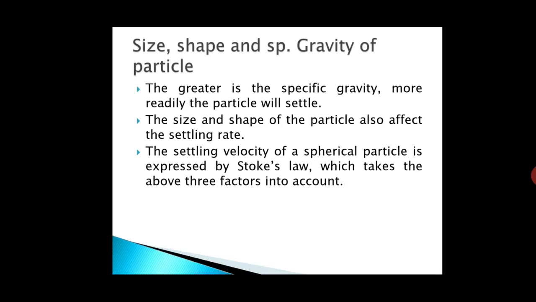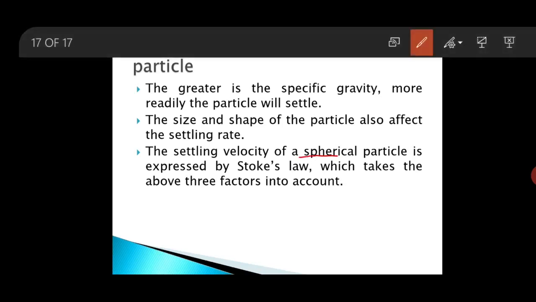The particles present in water are generally considered to be spherical, and the settling velocity of these particles is expressed by Stokes' law, which takes the above factors into account.